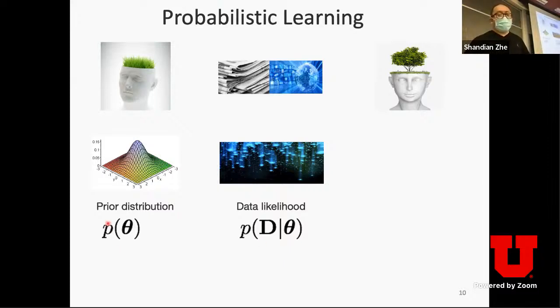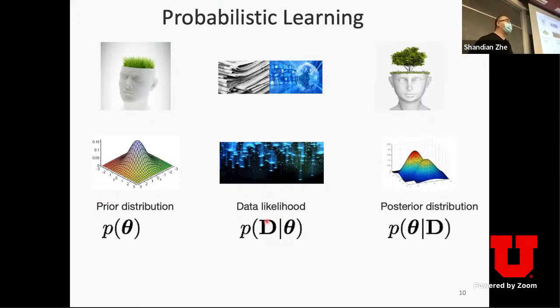We combine the prior distribution and data likelihood to compute a posterior distribution. So if you are able to compute the posterior distribution, you've actually finished the upgrade, right?